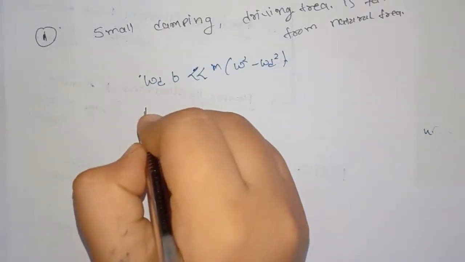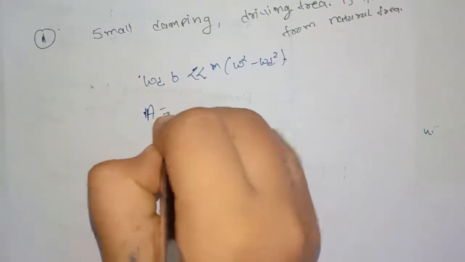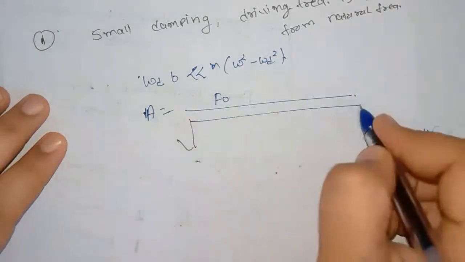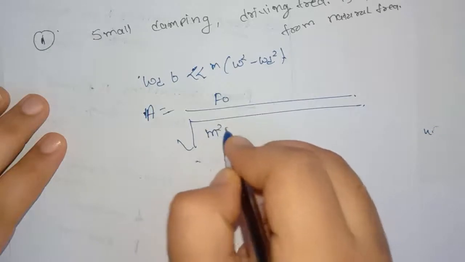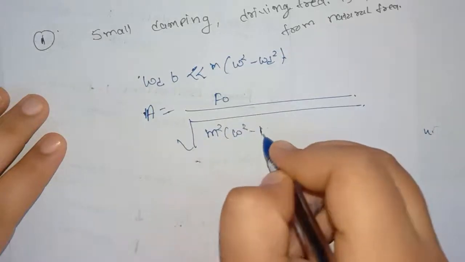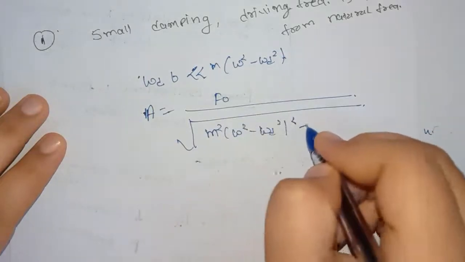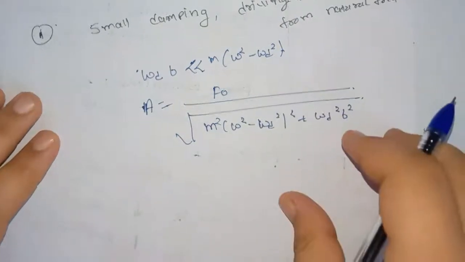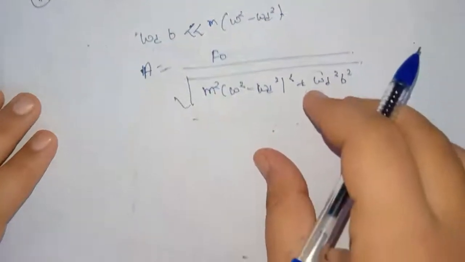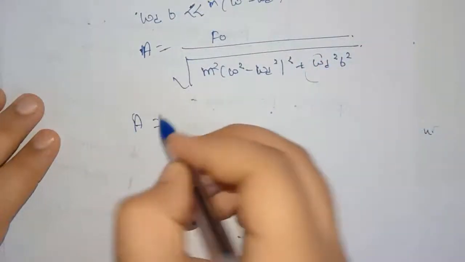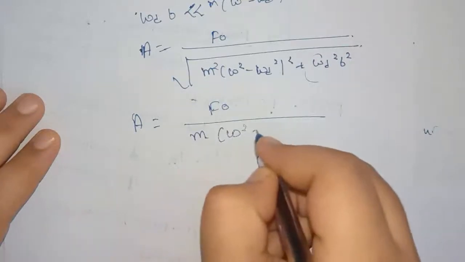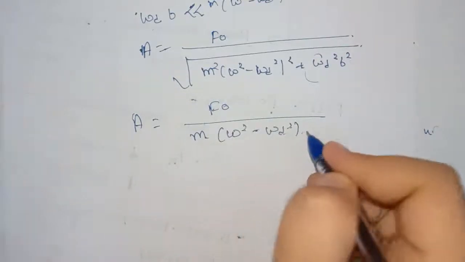The equation of amplitude was A equals f naught upon under root m square into omega square minus omega d square whole square plus omega d square b square. So this term can be ignored. So we can write the amplitude will be equal to f naught upon m into omega square minus omega d square.